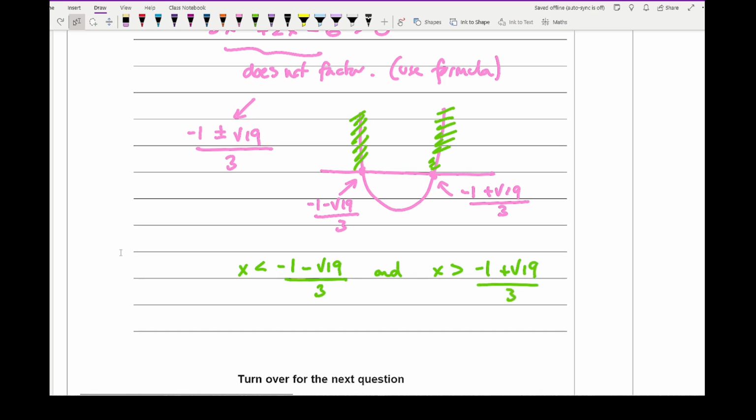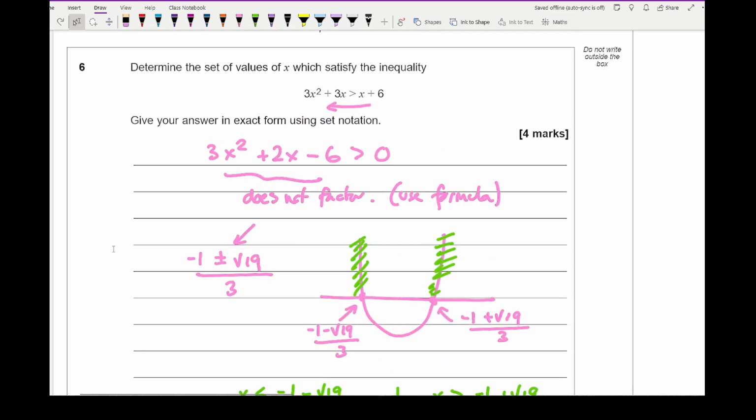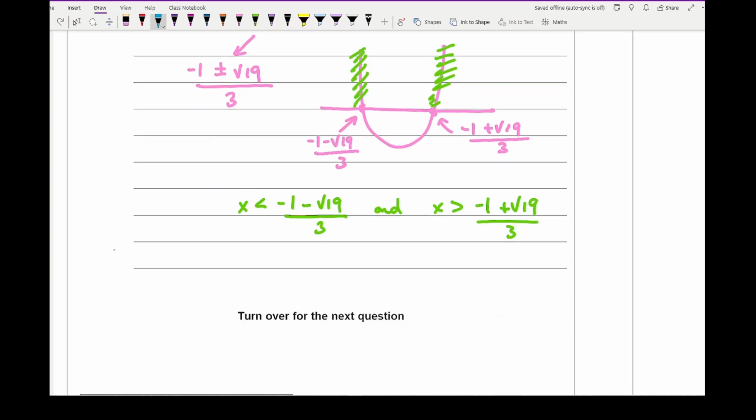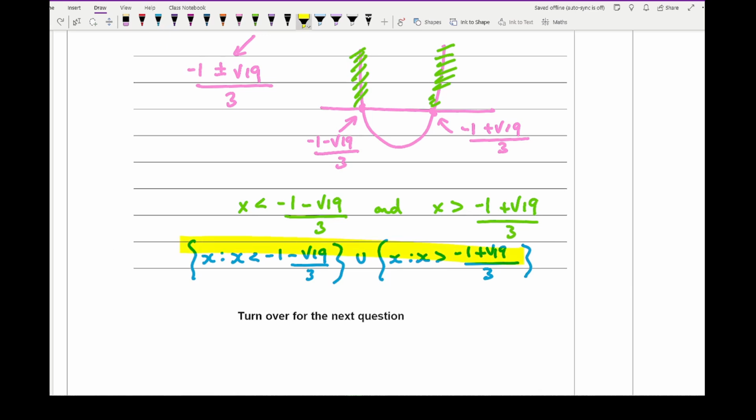Now, because the question specifies that they want it using set notation, this is how you write it: x such that x is less than minus 1 minus root 19 over 3, or x is greater than minus 1 plus root 19 over 3.